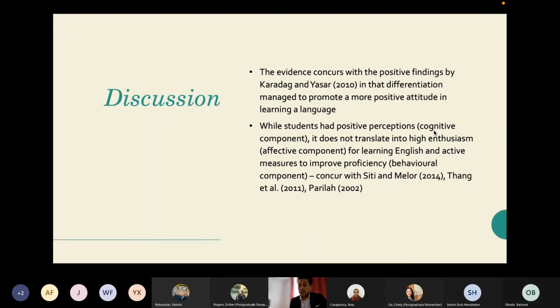And this concurred with Siti and Malor, Tang et al., and Parila studies. Even though these previous local studies did not exactly report attitudes in terms of the three components, theirs was a general instrument that reported attitude in general.